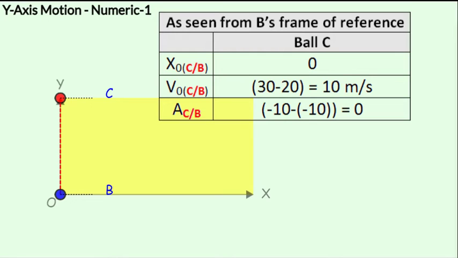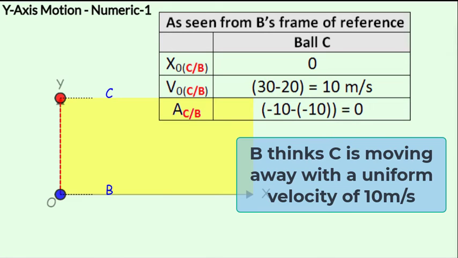Think about it. Since the accelerations of B and C are the same, and we are looking at this from B's perspective, B thinks that C is moving away with a uniform velocity of 10 meters per second, and we have to find the separation between B and C in 3 seconds.